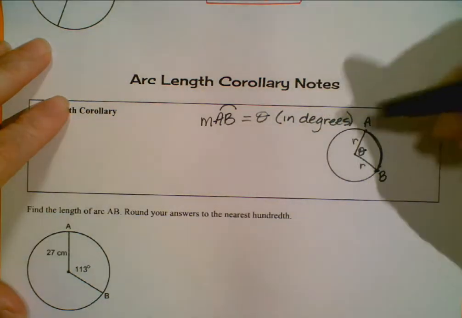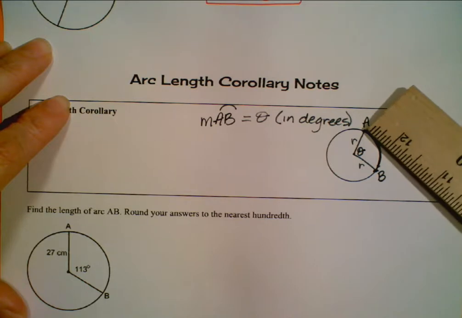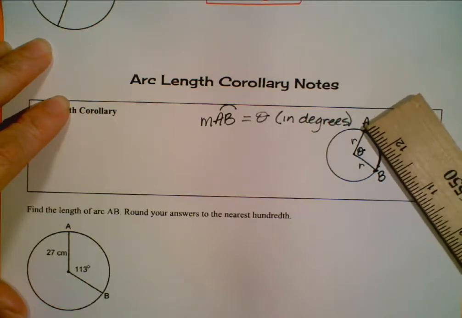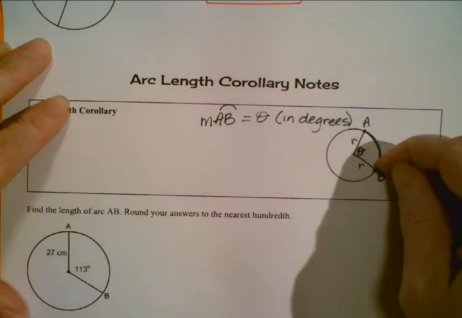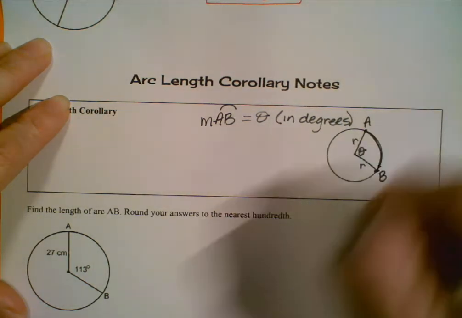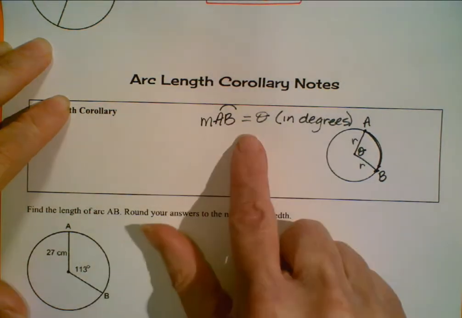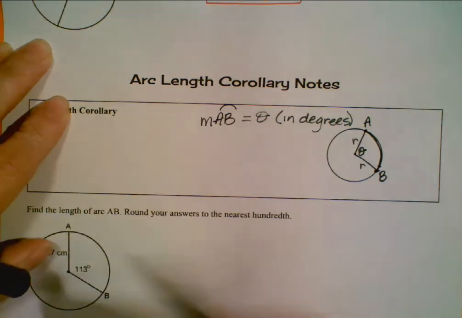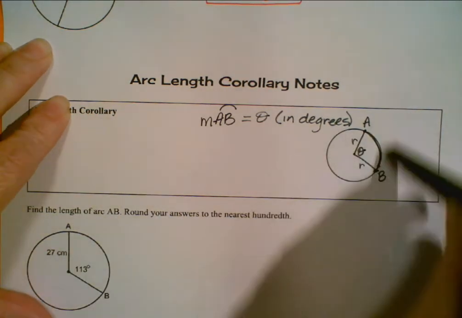Another person might say, what if I took a ruler and lined it up here at A and followed that curve ever so precisely? Well, neither the ruler nor laying a string exactly along the curve of the circumference is going to be all that easy. So instead, the arc length is related to the circumference of the circle.